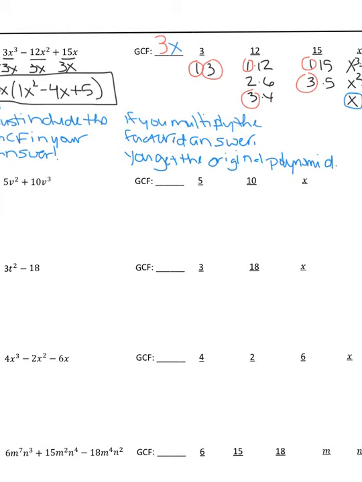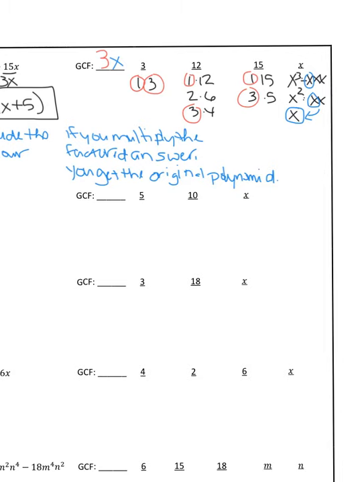Right? So let's do that. I'll change it over here to red. I'm going to go ahead and do that multiplying back out. So if you multiply the factored form back out, you're going to get the original. So if I take this 3x, which was out front, times x squared, minus 4x plus 5, that was the answer we got.